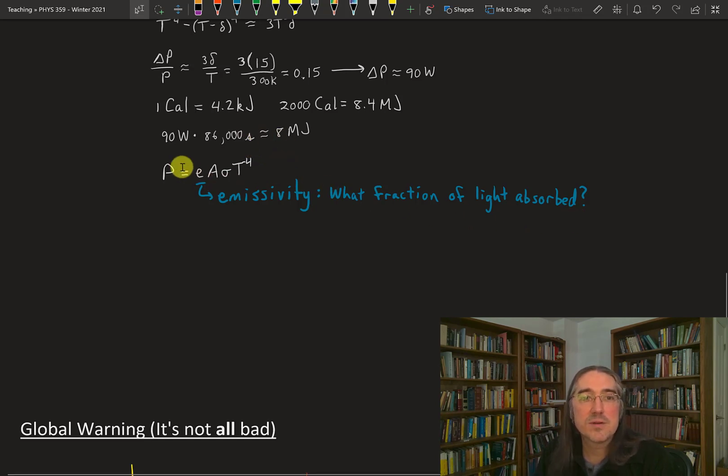So all the physics we've talked about is the same. It's just that your emission and absorption may be imperfect. And if they're imperfect, then again, emission and absorption are imperfect to the same extent. And with that, we can calculate the power loss for most anything in the world. We just have to have some measurement of its emissivity.